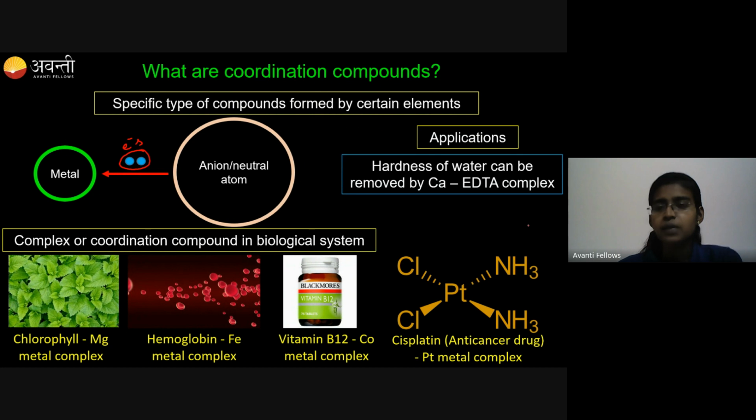And what are the applications? Some of the applications of coordination compounds are, you can remove the hardness of water by calcium ethylenediaminetetraacetate complexes. So the hardness of water can be removed by a particular coordination compound, which is called the calcium EDTA complex, so that the water becomes soft.